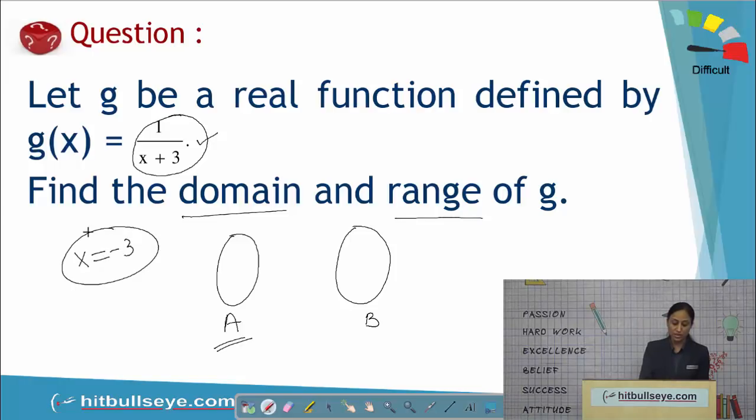So my domain cannot have minus 3, but it can have all other real numbers. So the domain will be the set of real numbers excluding the number minus 3.